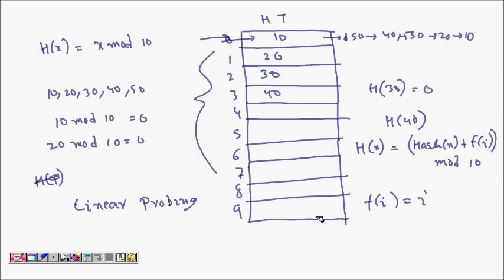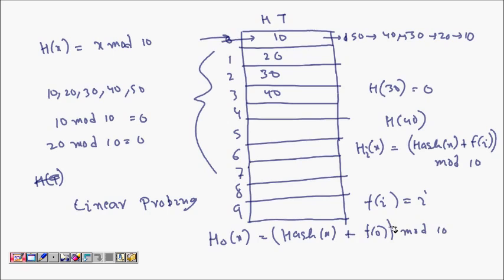So the first time, when I could not get some space, I use h_0(x), which will be hash of x plus f of 0, which is equal to 0 itself, mod 10.